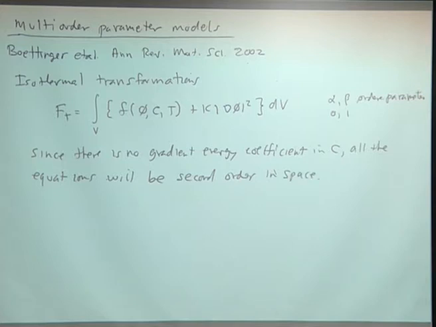So you only have second order spatial derivatives, and they'll look like diffusion equations. When you do the Cahn-Hilliard equation using finite difference methods, you'll understand why that's important, because the time step constraint goes like h to the fourth rather than h squared for a diffusion equation. So it becomes numerically much easier to solve.